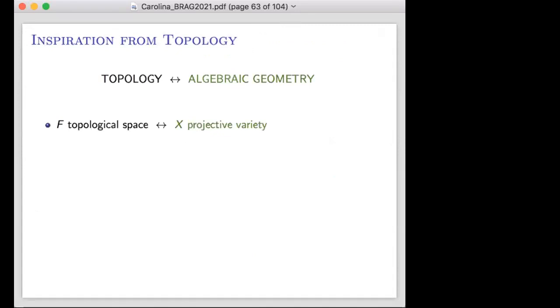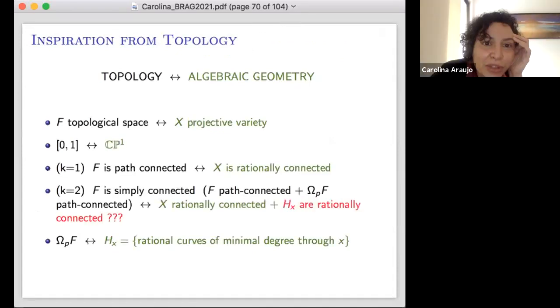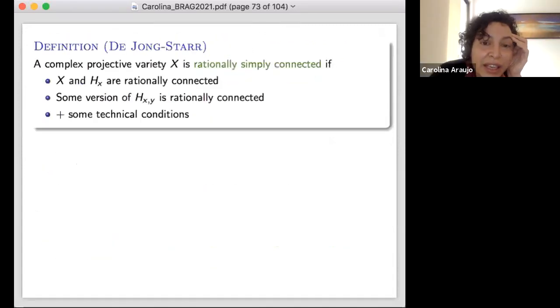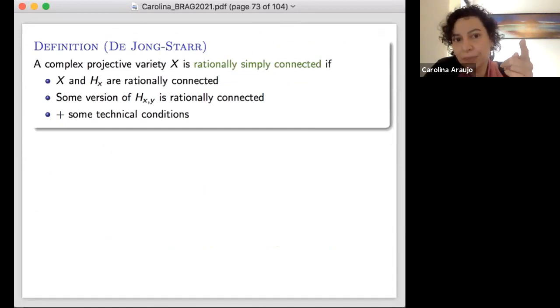Let me just show you this, just one definition. Okay. So this one admits versions, this rationally simply connectedness, when the Picard rank is greater than 1. Here I do not put what the condition is.